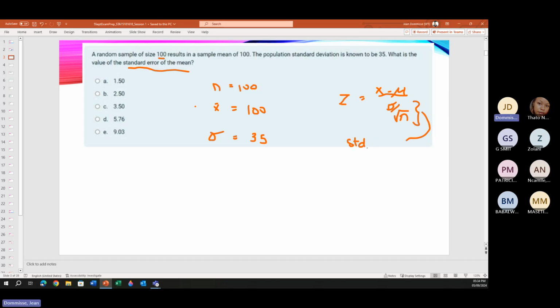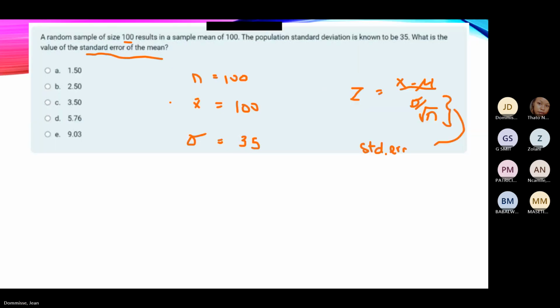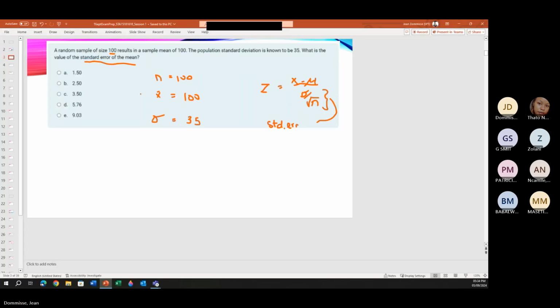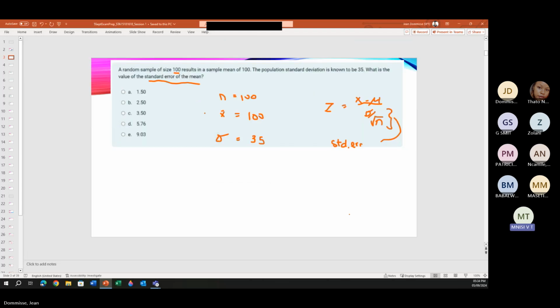So what they want us to work out is the standard error.